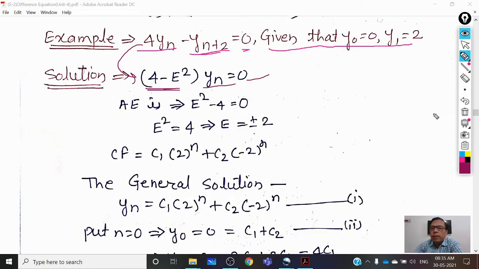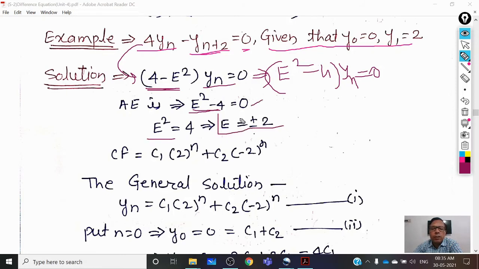So we can write this equation, taking minus common, as (E square minus 4) y_n equal to 0. So A will be E square minus 4 equal to 0 and this gives E equal to plus minus 2. So we observe that the roots are real and distinct.